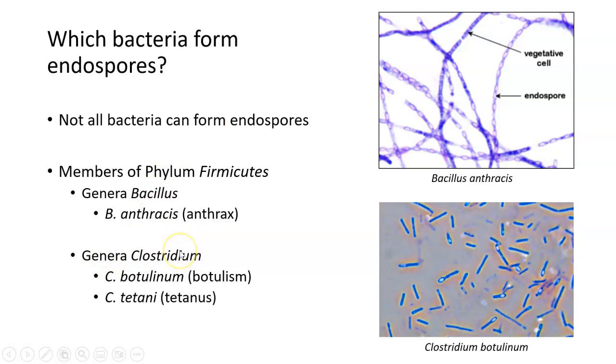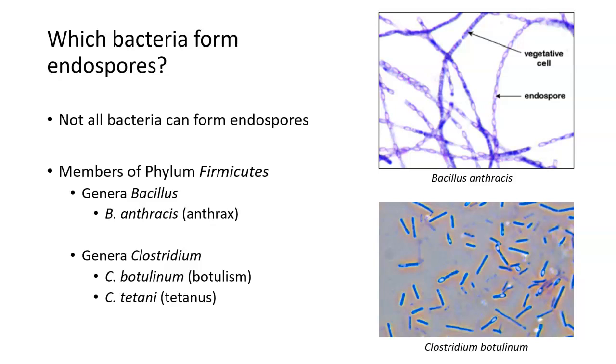There are also members of a genus called Clostridium that are able to make endospores. Two members of this genus, Clostridium botulinum and Clostridium tetani, cause other illnesses, botulism and tetanus respectively. So members of the Bacillus and Clostridium genera are able to form these endospores.